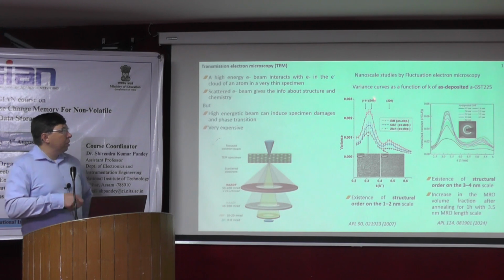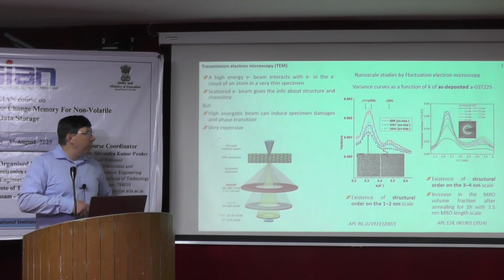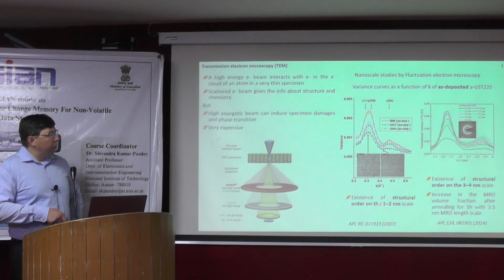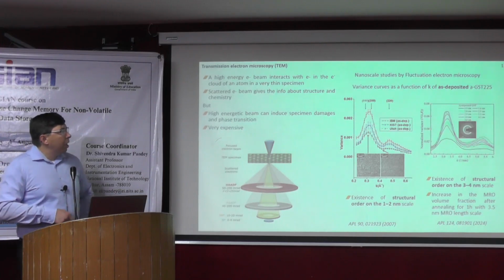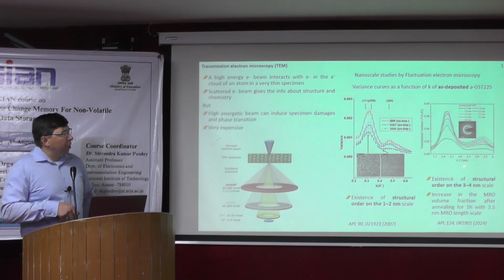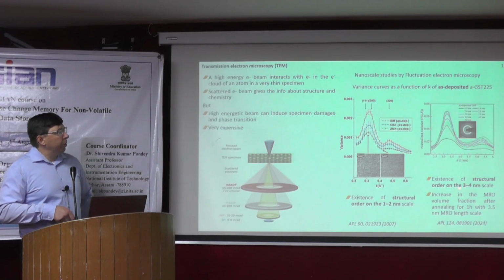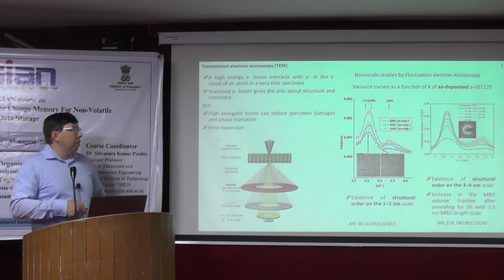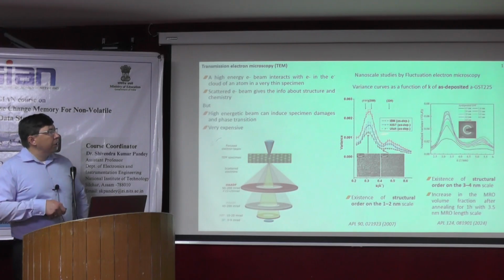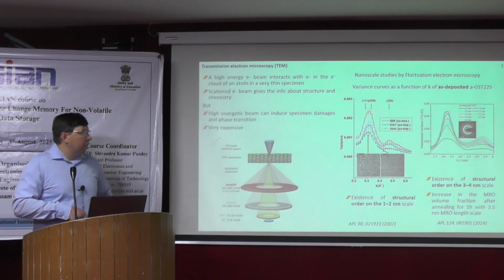They were studied in one setup, and they showed the existence of a 1 to 2 nanometer scale. But in our group, in our publication, they found structural order on a 3-4 nanometer scale. So one method, but two different results.